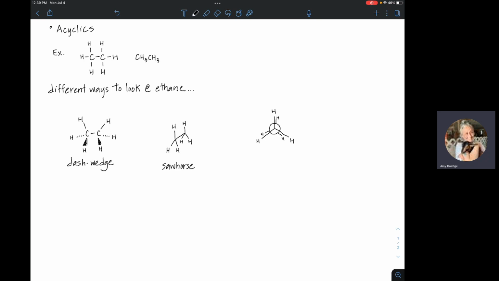So you see the carbon in the front, you see the hydrogens in the front. We put the little circle, and then on the ring around the front carbon, we put whatever groups are coming off of that carbon behind, in this case just hydrogens. We put those on the ring to indicate they're in the back. This is a Newman projection.